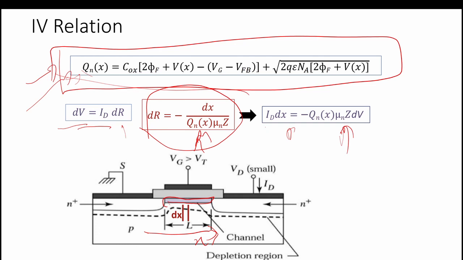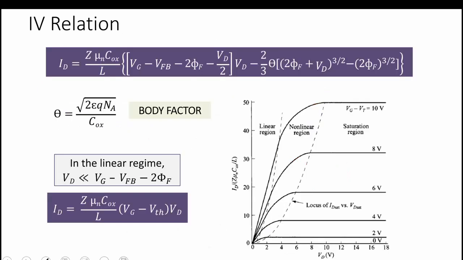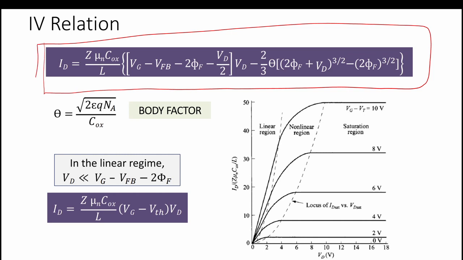From the integration we can get the total Id current, which is dependent on the voltage. This is the complicated relation that we get, the current versus the gate voltage and source drain voltage we are applying.